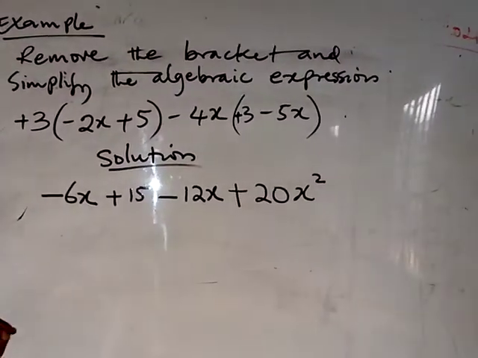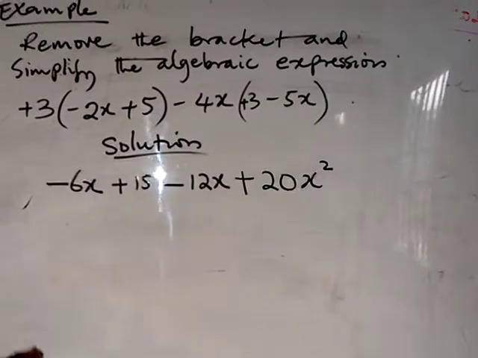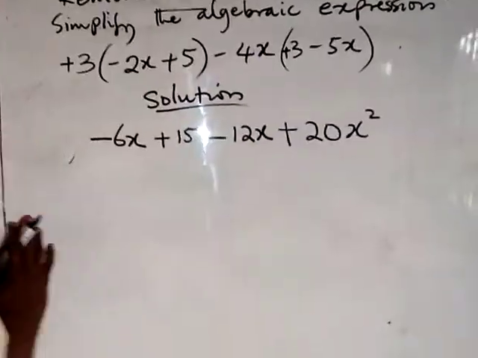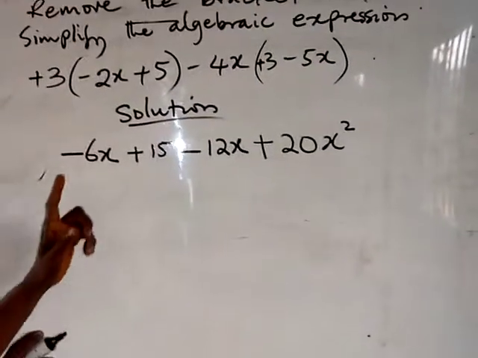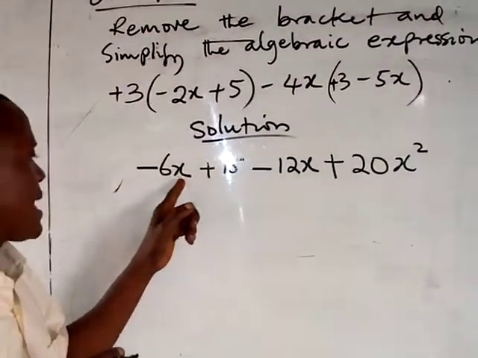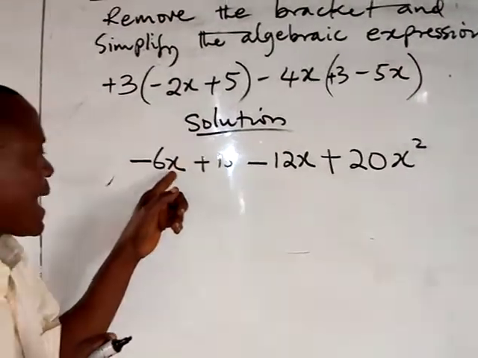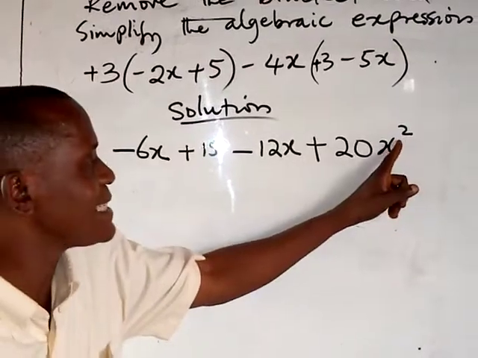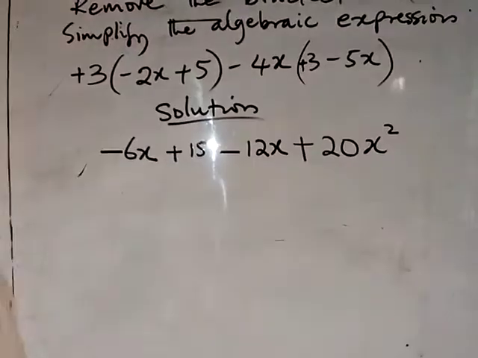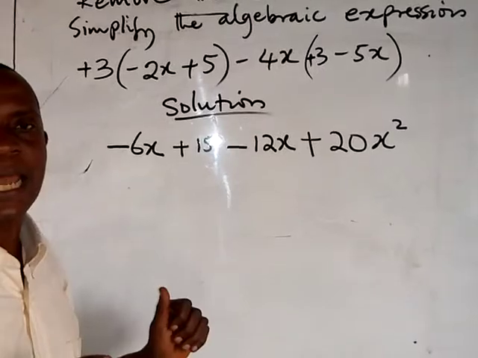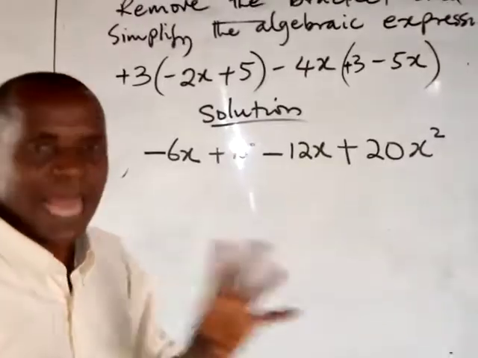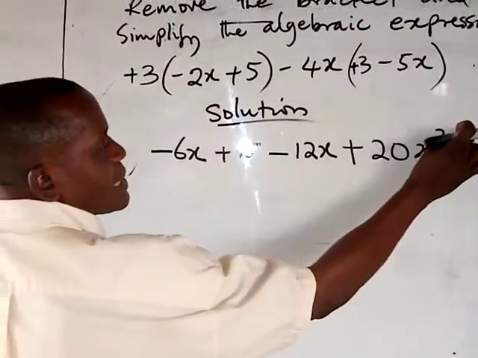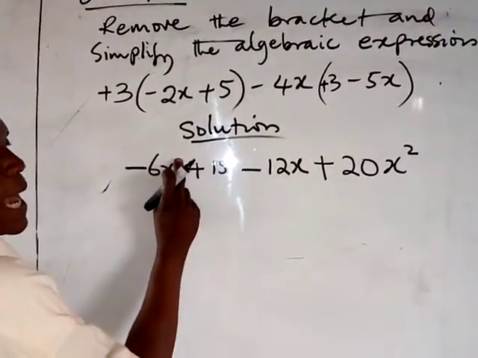Oh, lovely. I will explain a concept now. But before then, let me progress. Now, I notice that minus 6x has only one x. That means it's degree 1. But this x is degree 2. Somebody in JS1 and somebody in SS1, are they in the same class? Of course not. So you can see this one is degree 2, but this one is degree 1.